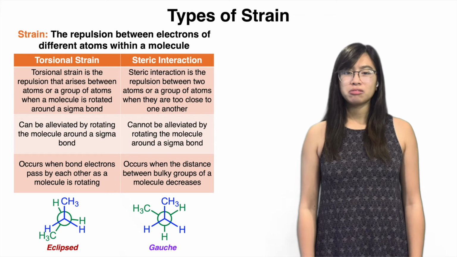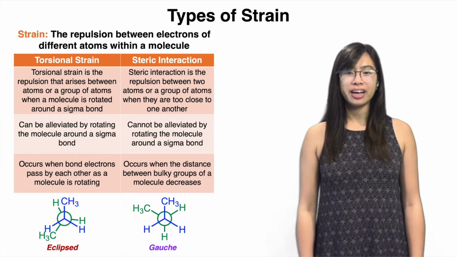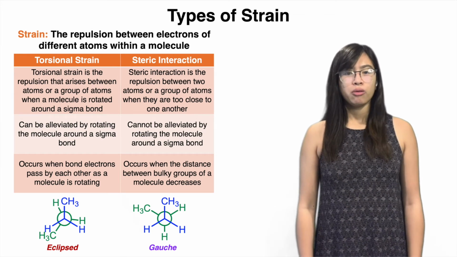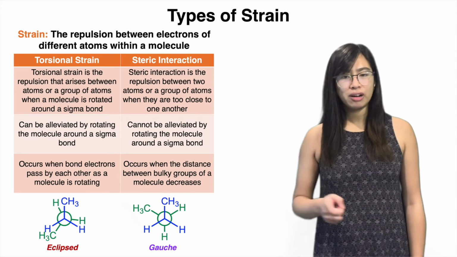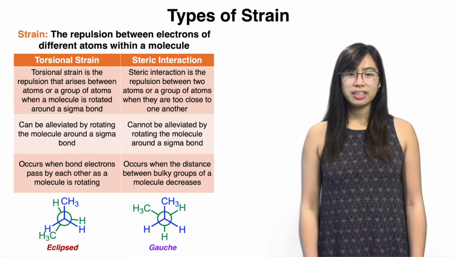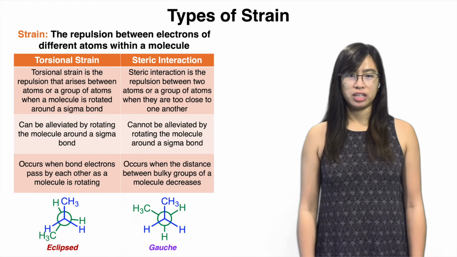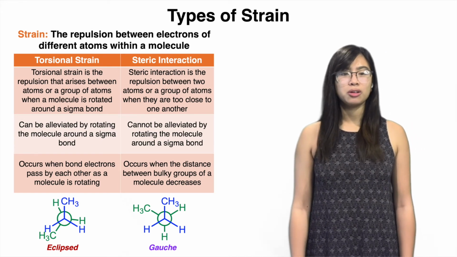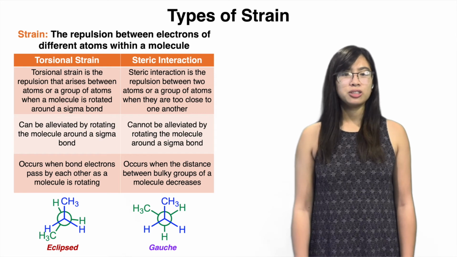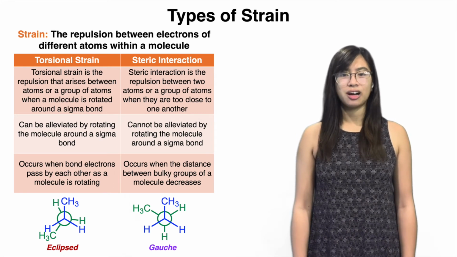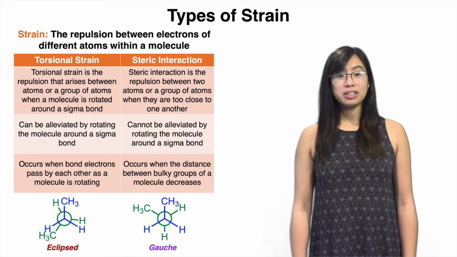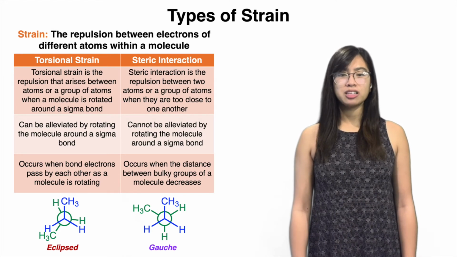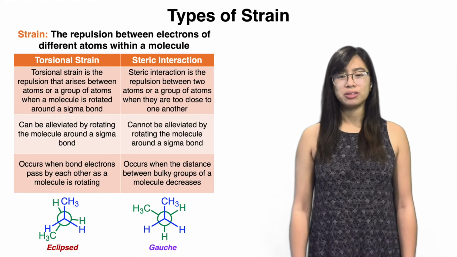Torsional strain is the repulsion that arises between atoms or a group of atoms when a molecule is rotating around a sigma bond. So this is mainly seen in eclipsed conformations. Torsional strain can be alleviated by rotating a molecule around a sigma bond to reach a more stable staggered conformation. And this strain occurs when bond electrons pass by each other as a molecule is rotating.